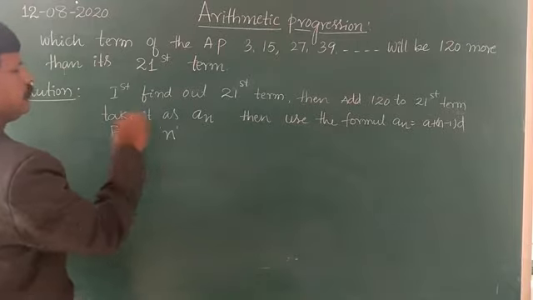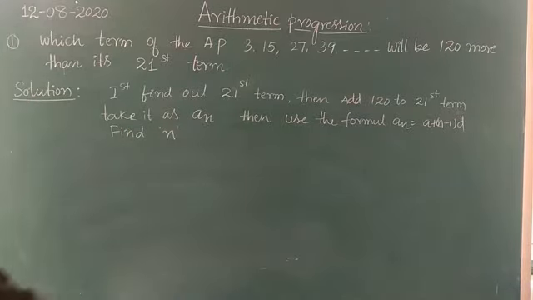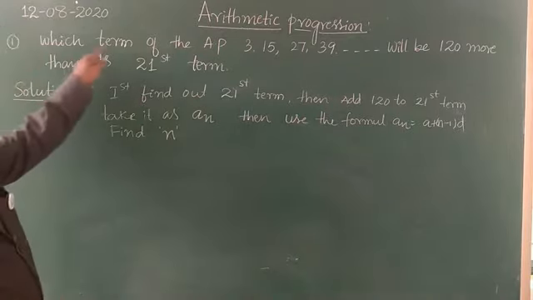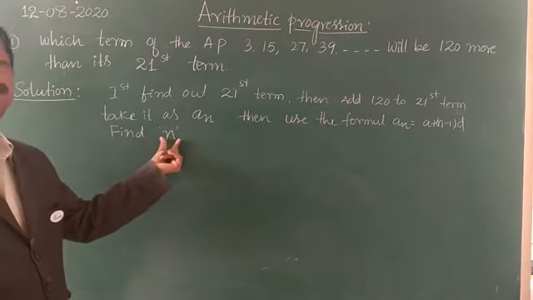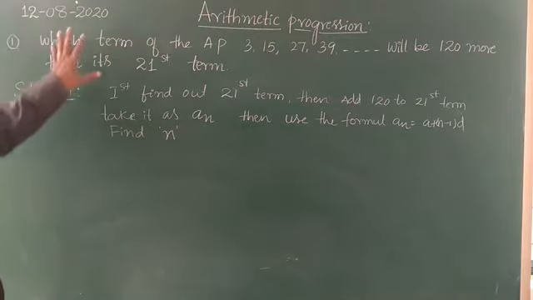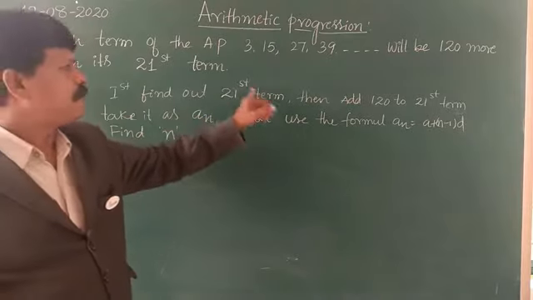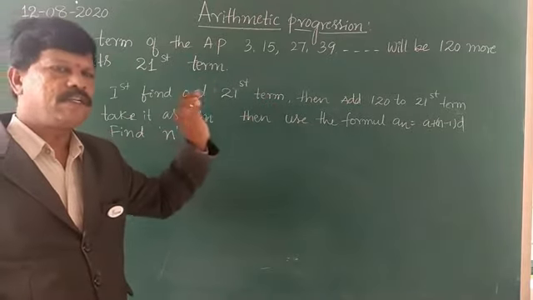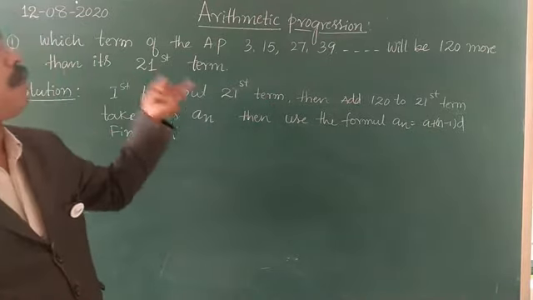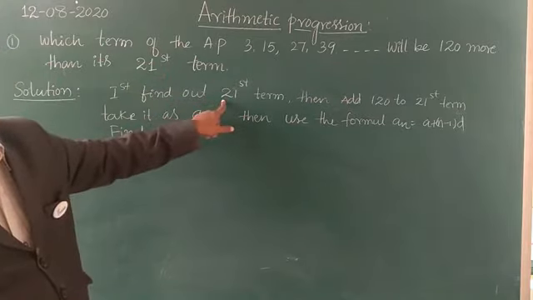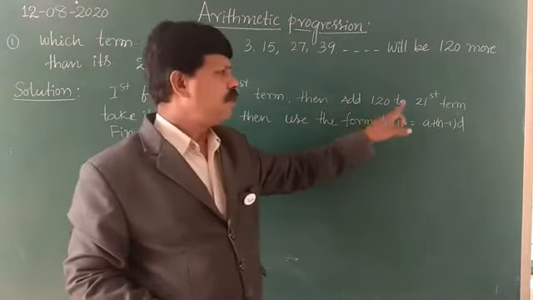Here an is equal to a, which is 30, plus n minus 1 into d, which is 6. Similarly, for this problem, we should find the 21st term. After finding that 21st term, add 120 to that.